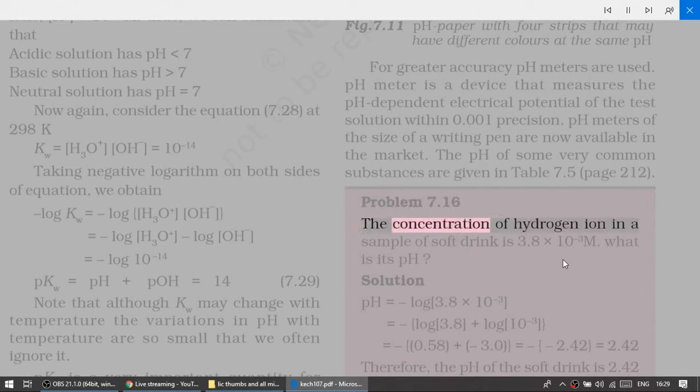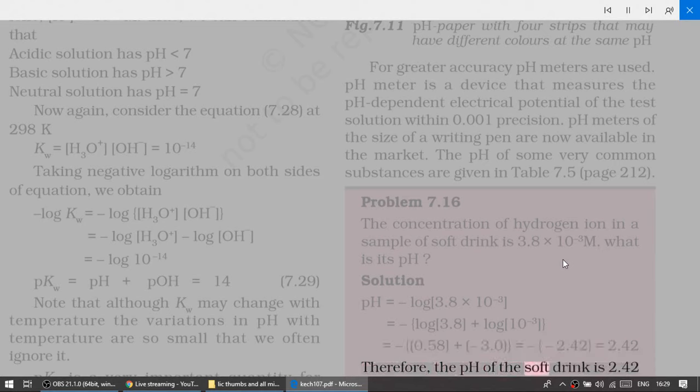Problem 7.16. The concentration of hydrogen ion in a sample of soft drink is 3.8 x 10^-3 M. What is its pH? Solution: pH = -log [3.8 x 10^-3] = -log 3.8 - log 10^-3 = -0.58 + 3.0 = 2.42.